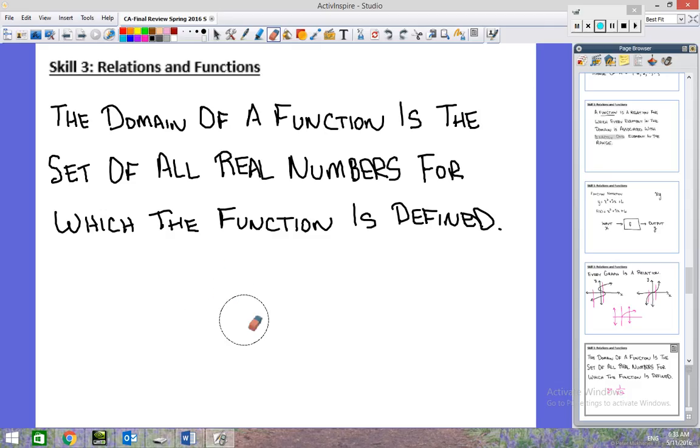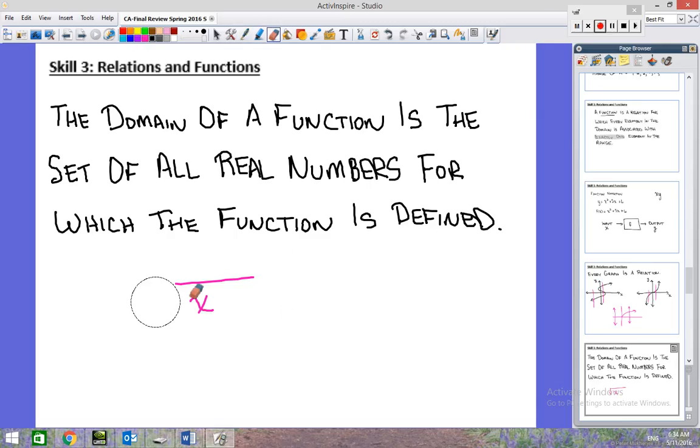So if you have division by 0, and if you have the square root of a real number, you can't take the square root of a negative value. We're working in the set of real numbers, not complex numbers, when I'm talking about domains of functions, and you can't take the square root of a negative value and still be in the set of real numbers.